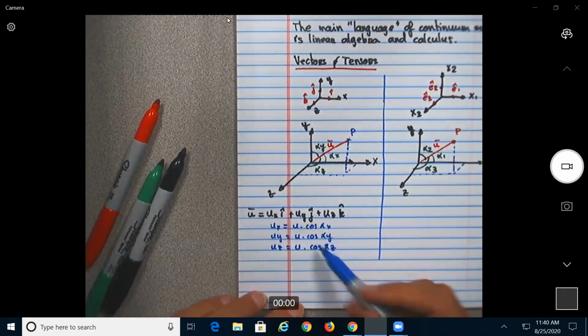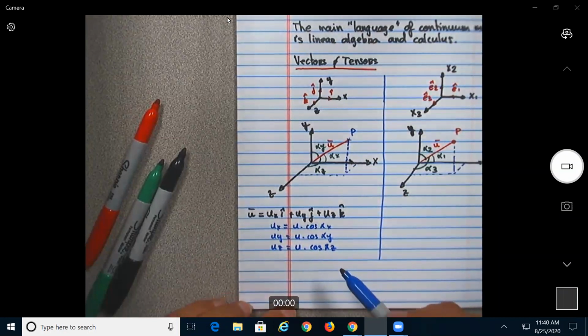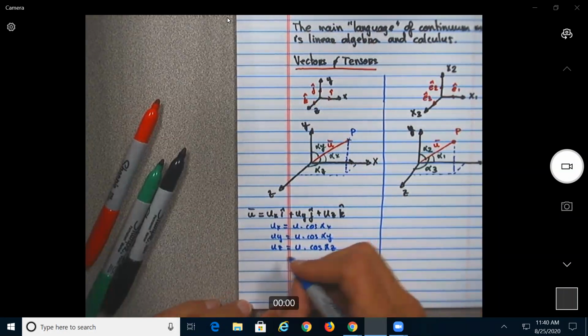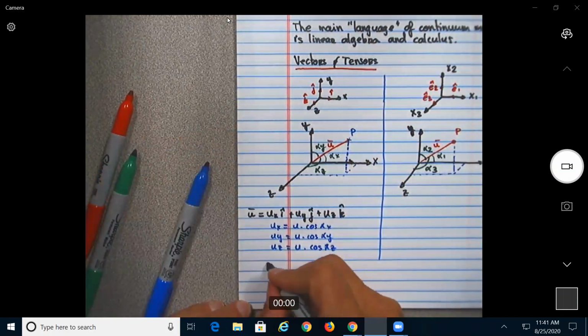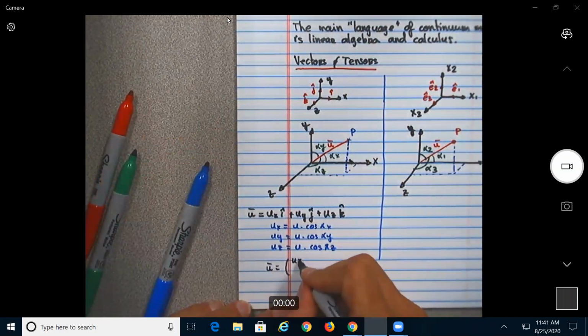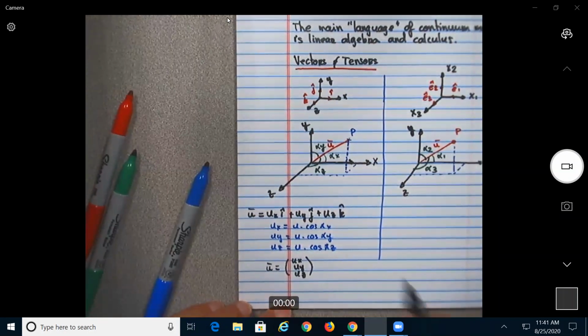This is what is known as the directional cosines. So at the end, vector u will be equal to ux, uy, uz. Okay, you need to write it down.